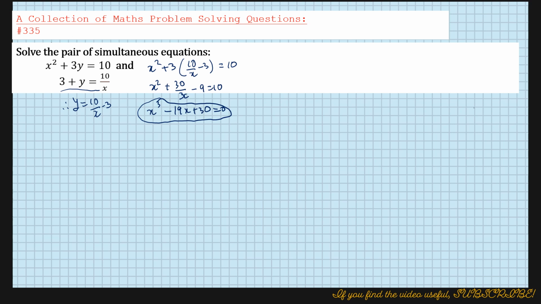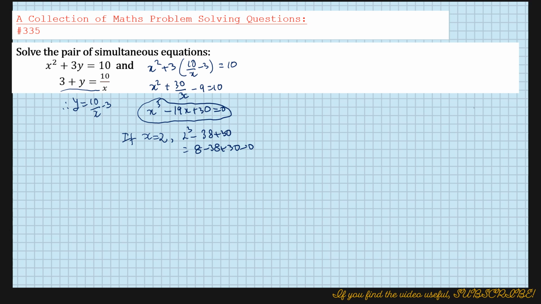What we're going to do is assume some values of x and see if it satisfies the equation. If x equals 1, it would be 1 minus 19 plus 30, which is not 0. But if x equals 2, we get 2 cubed minus 19 times 2, that is 38, plus 30, which equals 8 minus 38 plus 30, and that equals 0.